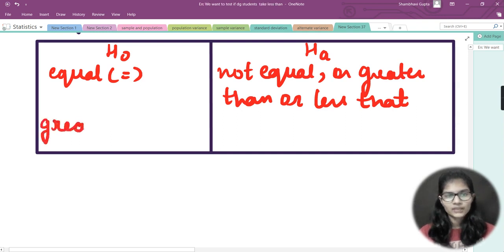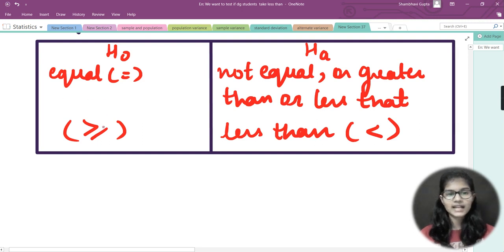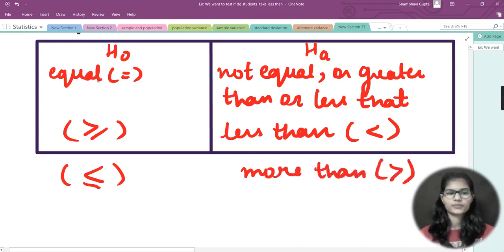Let me put out the symbol as well: greater than or equal to. If this is the condition for H naught, then HA will be less than. My third condition is that if H naught is less than or equal to, then my HA would be more than. It is like this.